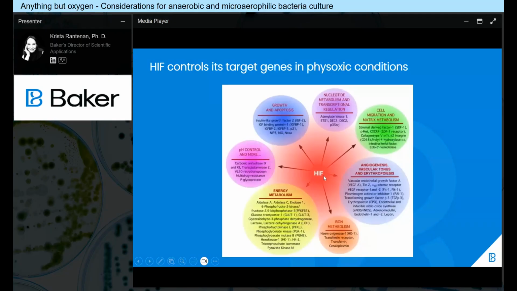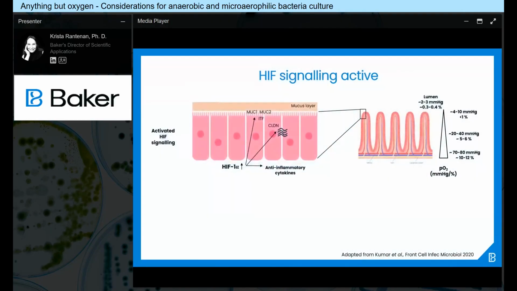So it really governs the cells which these microbes are working together with. And so it is fair to show it like this. If you don't have HIF, you don't have the control of many cellular functions that should be happening. So this is to remind everybody that HIF signaling is very important, because in this next slide, we're going to talk about HIF signaling. And so it's important that you remember how that works.